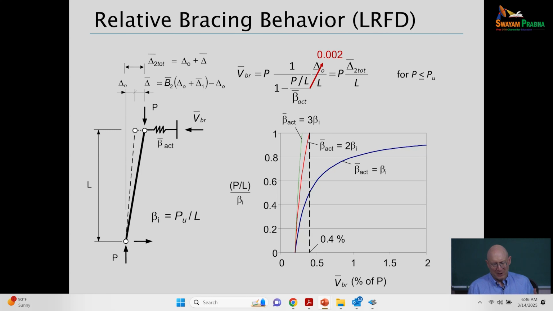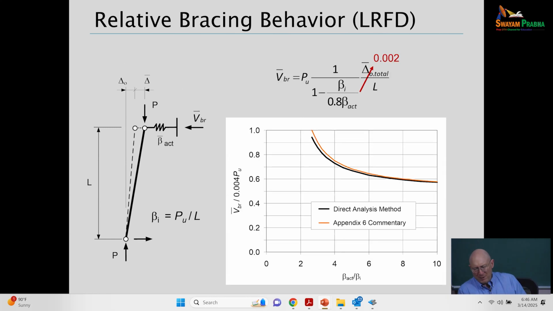If we're larger than that, then the bracing force requirement is reduced. Now, if we plot things out according to AISC, we get, for the brace force requirement, what you see here in black. By the direct analysis method with a phi of 0.75, we would get the red curve. It's slightly different, but really very close to being the same result.